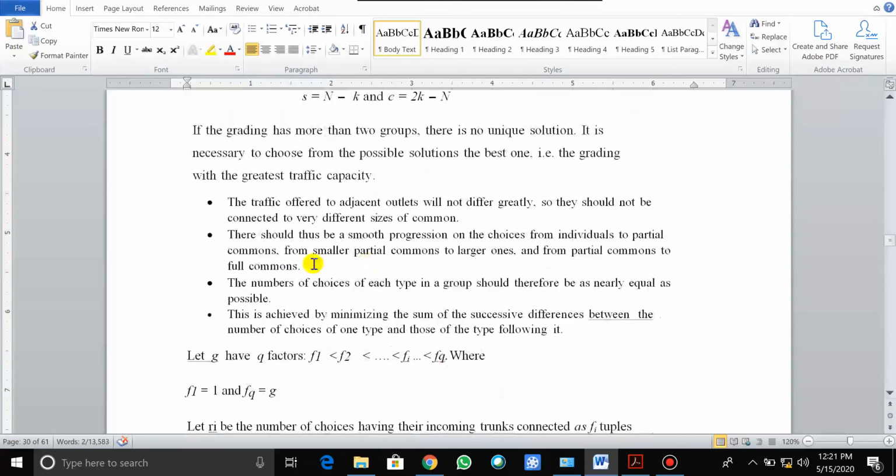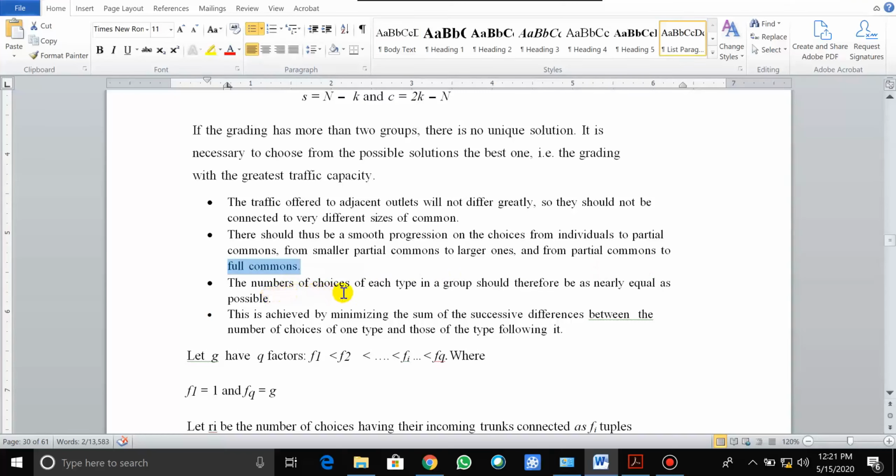The traffic offered to adjacent outlets will not differ greatly, so they should not be connected to very different sizes of common. There should thus be a smooth progression from individual to partial commons, from small partial commons to larger ones, and from partial commons to full commons.